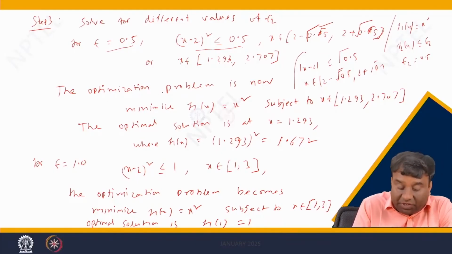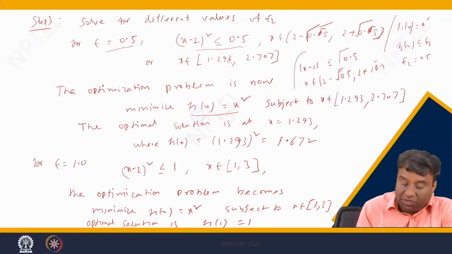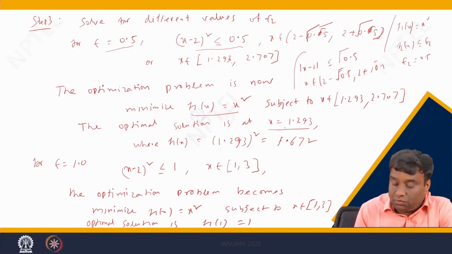So the optimization problem is now converted to: minimize f1(x) = x² subject to x belongs to 1.293 to 2.707. The optimal solution is at x = 1.293, because this is a simple f1(x) = x², so at the lowest point we will get the minimum.